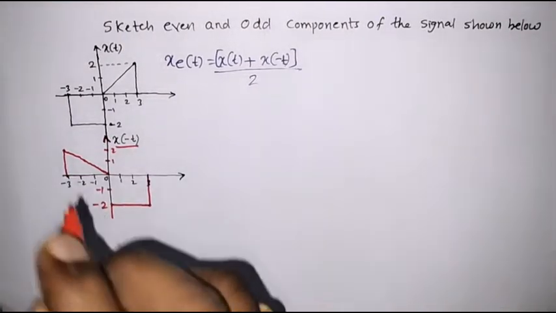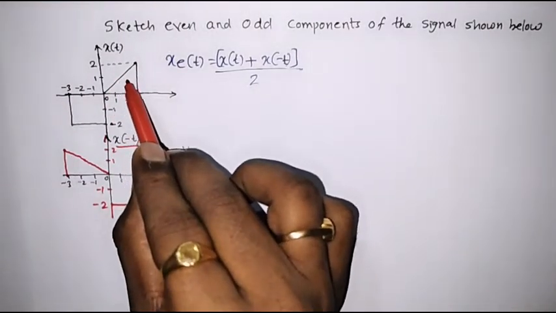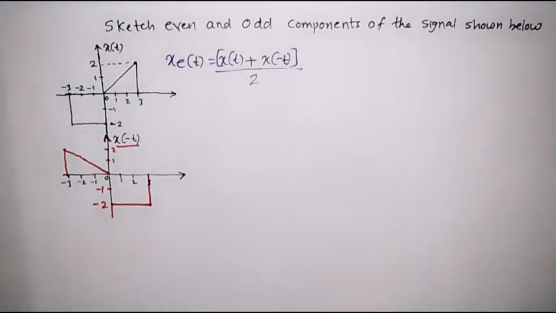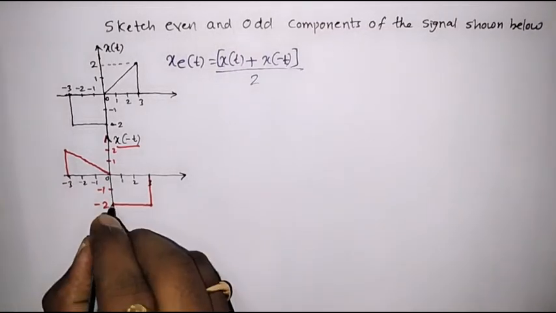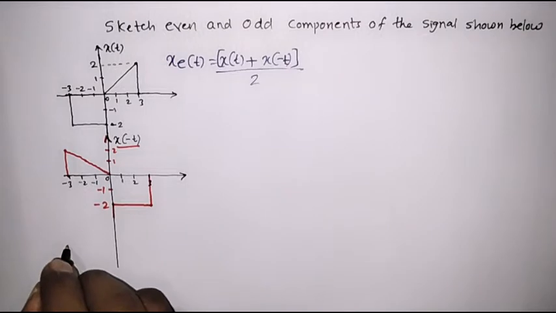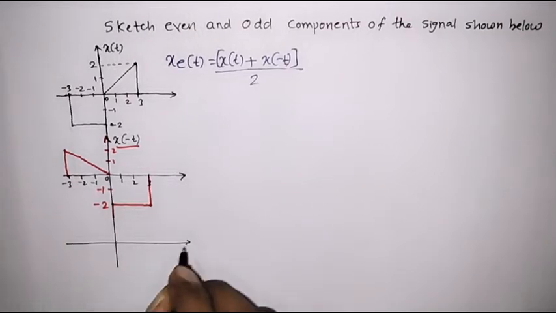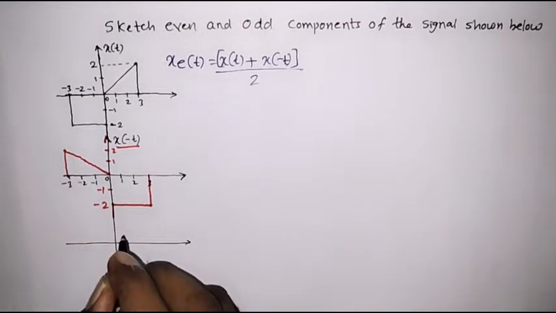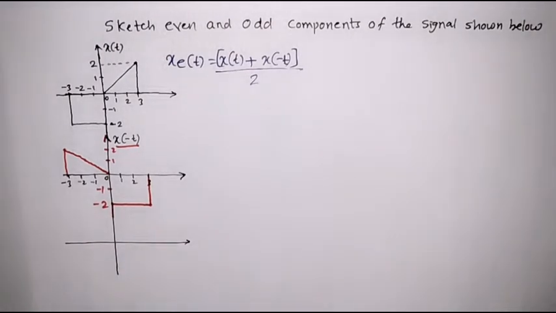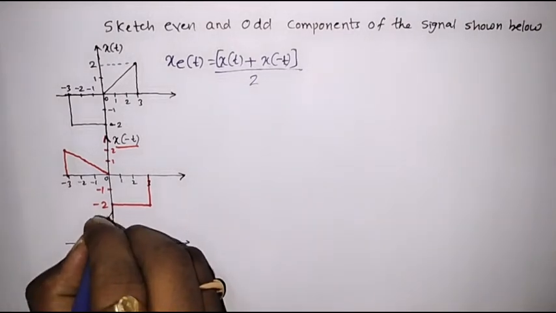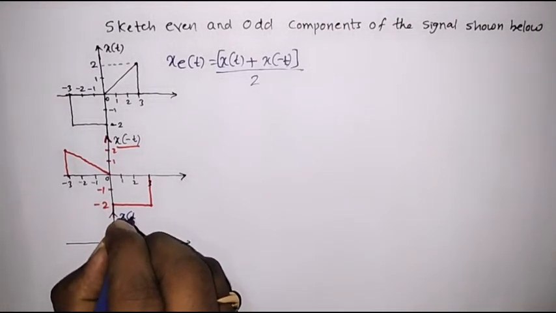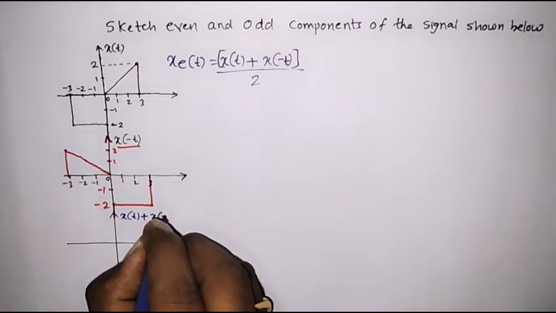X of minus t. Now let's add the x of t signal with x of minus t. So here I can draw it as, let this be x of t plus x of minus t.